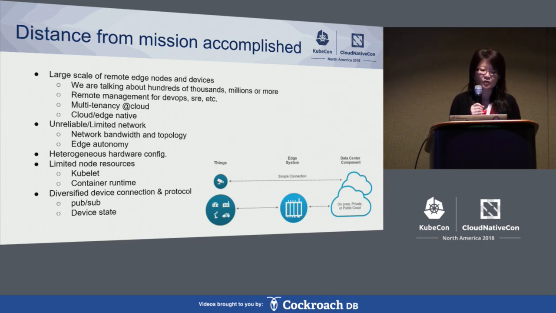For resource-constrained devices, can you run the Docker engine and kubelet on it? Think about the Docker engine itself at runtime, it can take 100 meg already. If I have a Raspberry Pi, it's only 128 meg. It's already used up. I can't do anything.